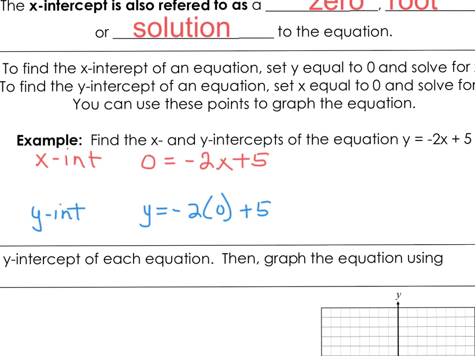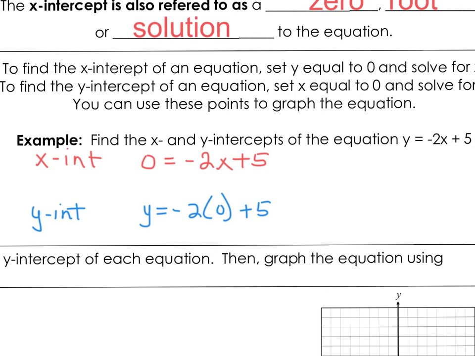Okay, so as we said earlier, in order to find the x-intercept, we set y equal to 0. So recognize y is right here. I've just rewritten this equation, and instead of y, I've written 0 because we know that at the x-intercept, y equals 0. Then for the y-intercept, we've rewritten the equation, and instead of putting x, we've put 0. Now we can solve both of these equations.